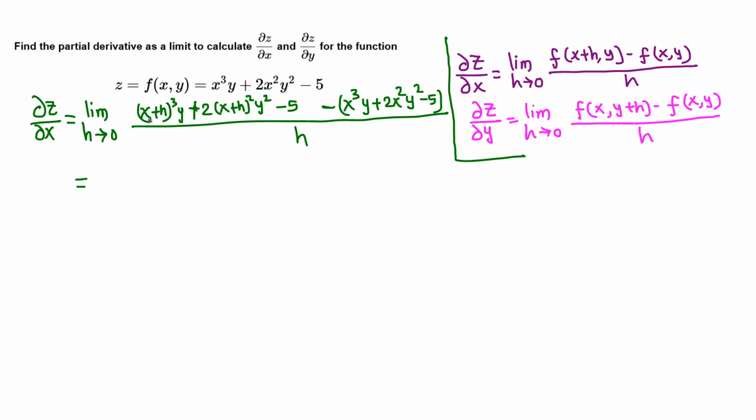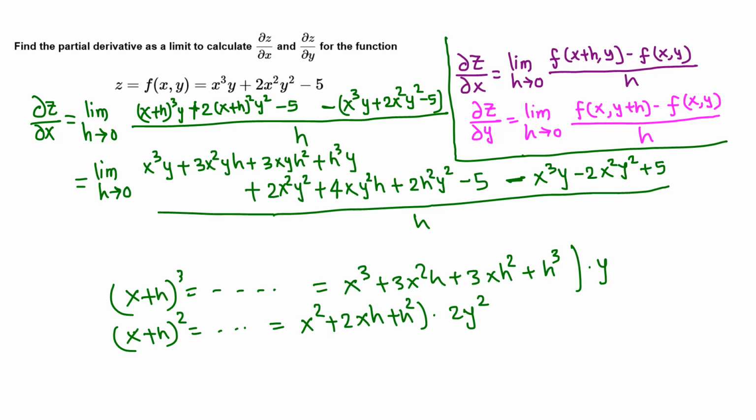Next we need to multiply x plus h three times itself, then distribute y. Here multiply x plus h twice, then distribute 2y squared. Okay, and we need to distribute negative 1. So let me do that. These four terms are coming from (x plus h) cubed times y.